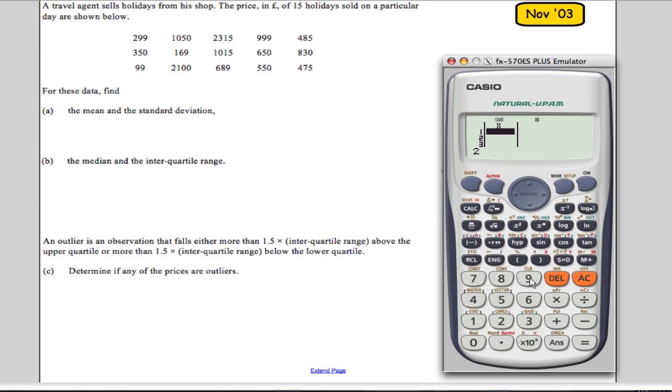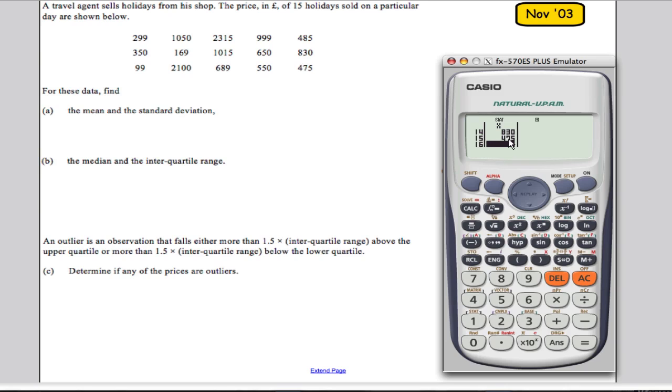So we got 299, 350, 99, 1050, 169, 2100, 2315, 1015, 689, 999, 650, 550, 485, 830, and 475.